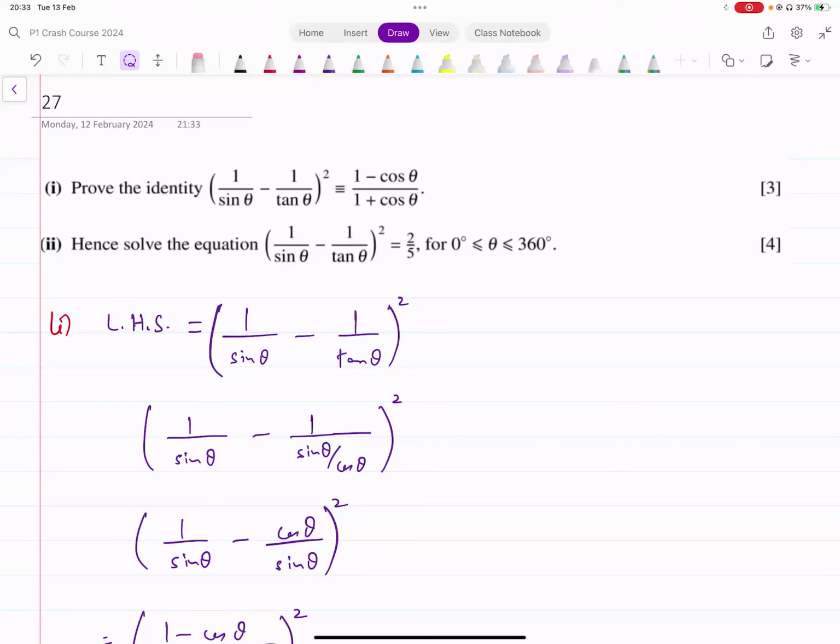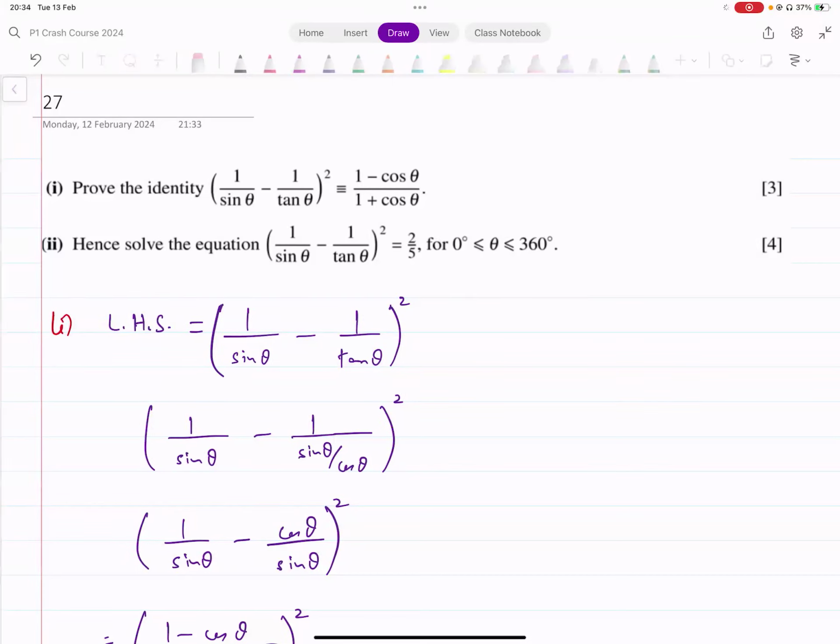Does anyone have any questions from the worksheet on proving identities? No questions? Sir, can you do question 14? 14, 1, 4?